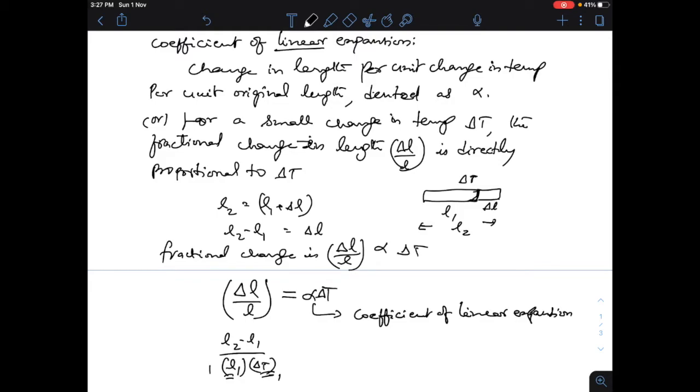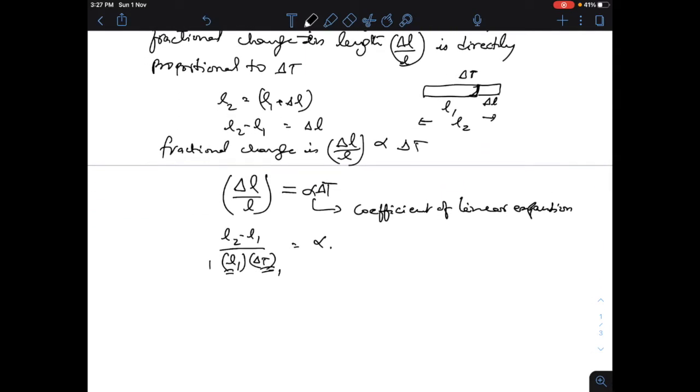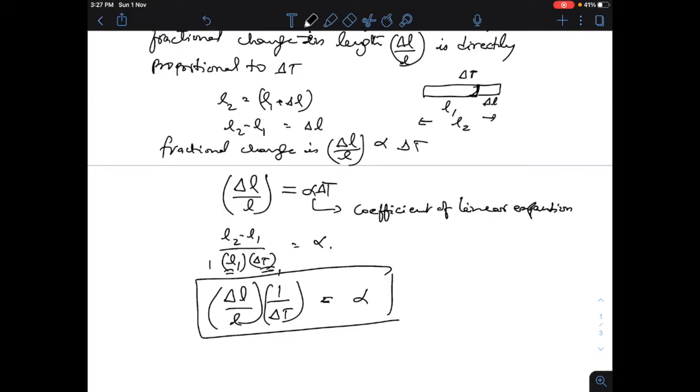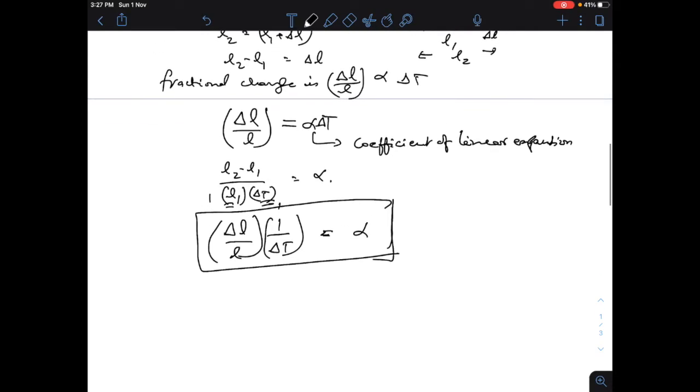So change in length per unit change in temperature, per unit length, is denoted as alpha. So that is what we have written. From this equation I can write delta L by L into 1 by delta T is equal to alpha. So this is the expression for alpha.